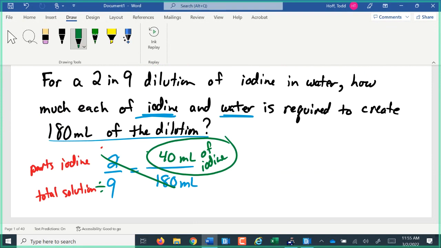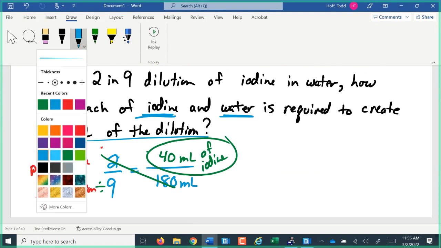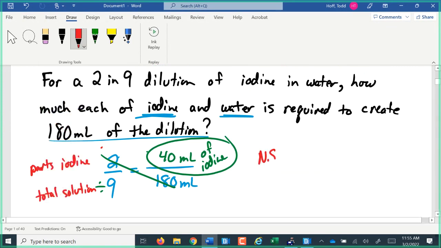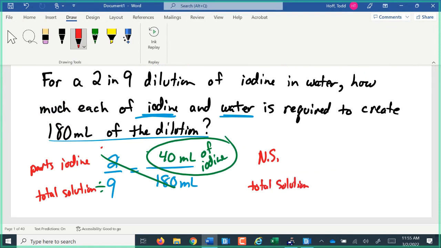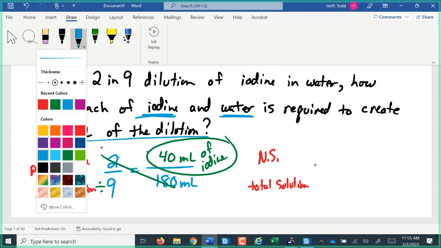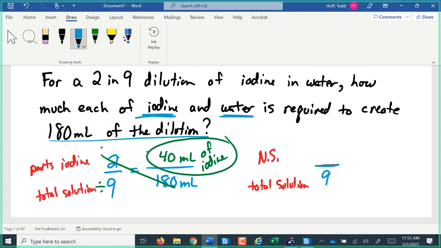But we still need the amount of water. Now we could just subtract here. I realize that. But let's go ahead and create the ratio of water to total solution. So our total solution is still 9 parts. If 2 of those parts were iodine, 9 minus 2 gives us 7 parts that would be saline. On the other side of our proportion, we still have 180 milliliters of total.